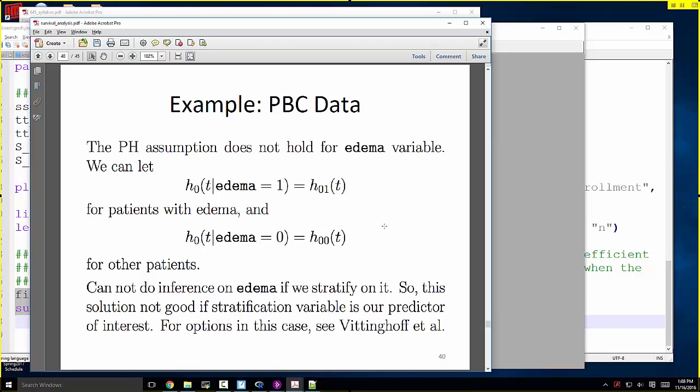With categorical, there's only a handful of categories, so there's a handful of baseline hazards that we would need in order to accommodate it. But if it's a numerical variable, what do you do? You can't have an infinite number of baseline hazards. So we would need additional methodology to deal with a numeric predictor for which there is non-proportional hazards.